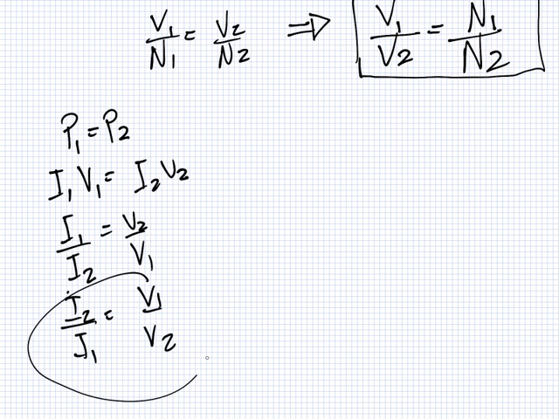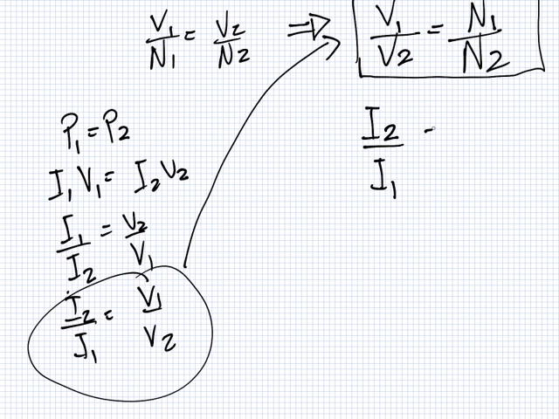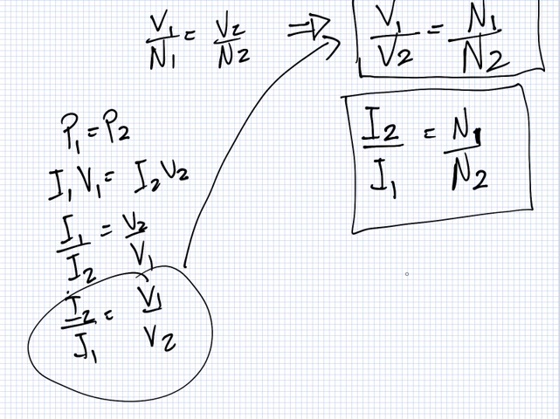So I can use this result to make a second formula if I like, by putting it in here. I can say I2 over I1 equals N1 over N2 as well. And it's not really a formula, but I think it is worth remembering that the power that goes in equals the power that comes out, as long as the transformer is 100% efficient.